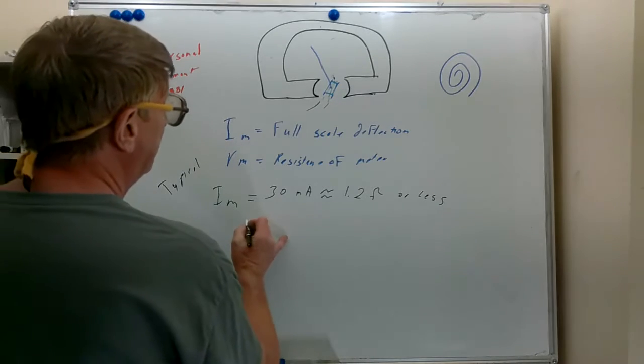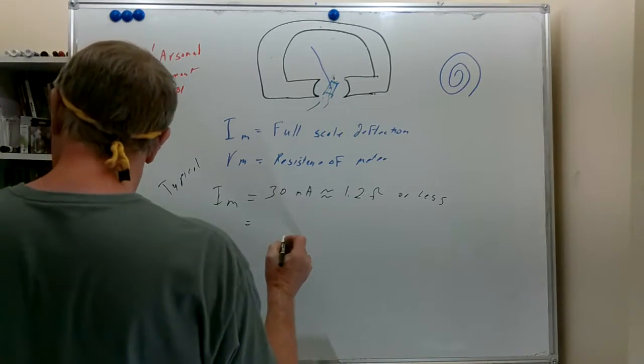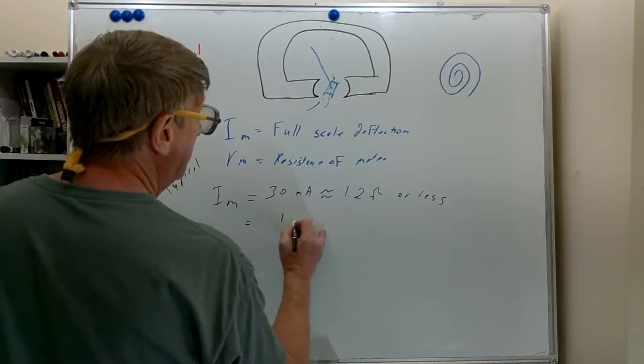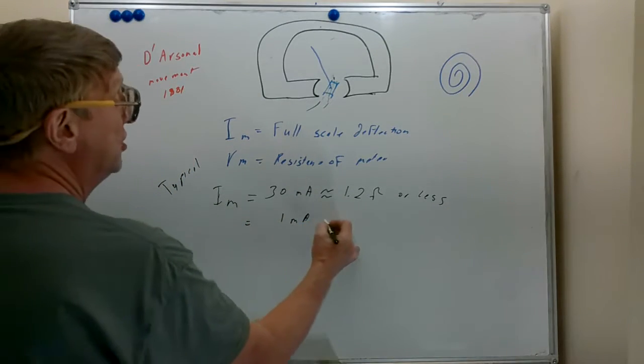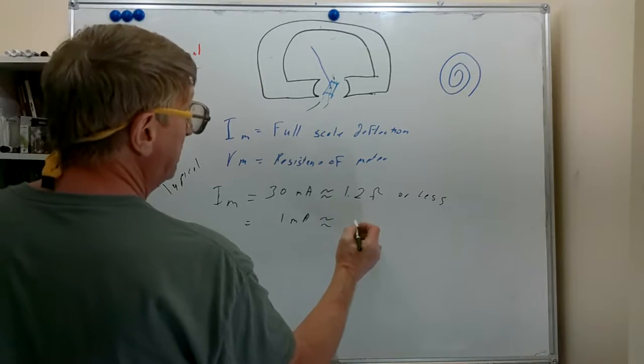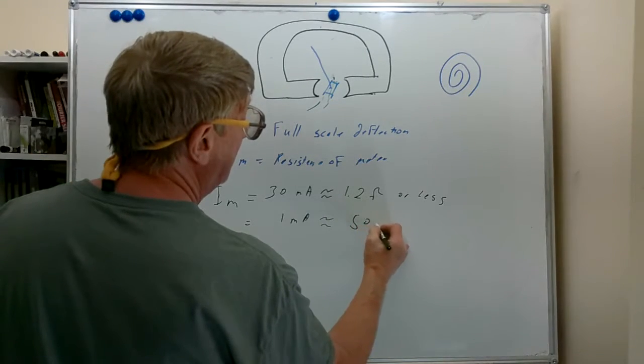When the IM is in the area of 1 milliamp, which is a lot less current to run it up, we see that the resistance of the meter goes up, and we might be in the 50 ohm range or so.